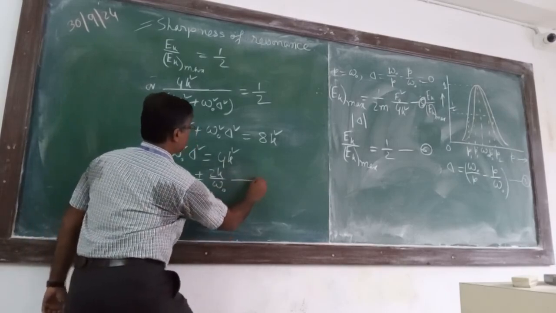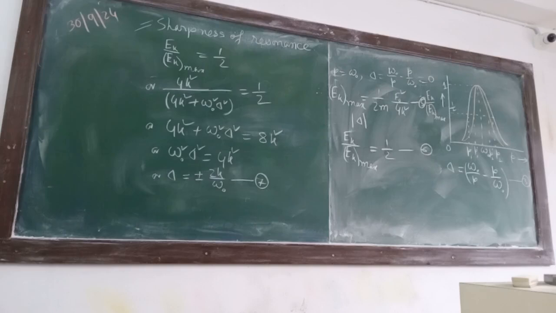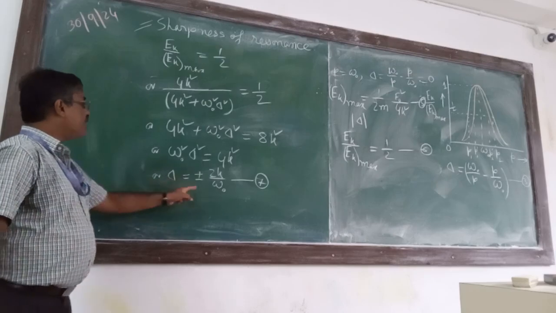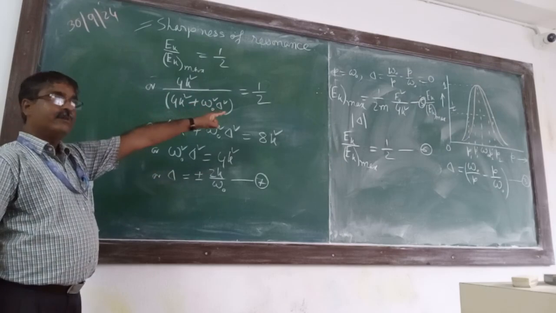Equation number 7. Del equals to plus minus 2k by omega naught. So at del equals to plus minus 2k by omega naught, Ek by Ek max equals to half.